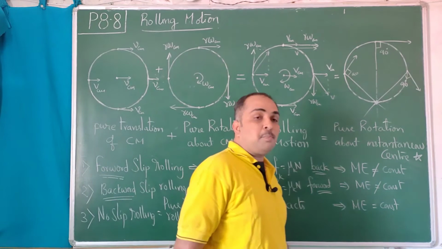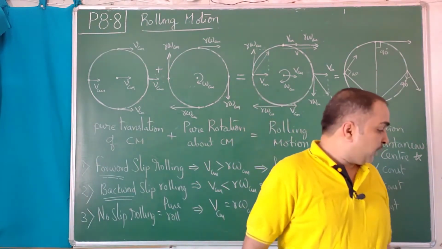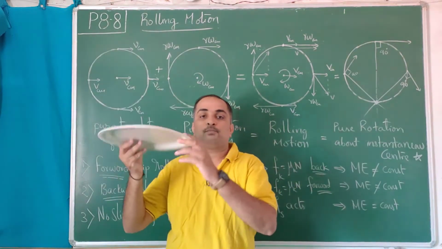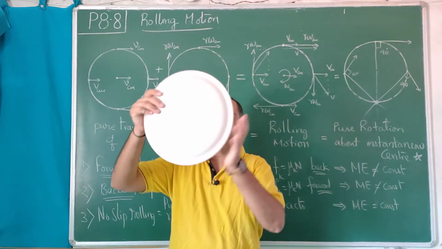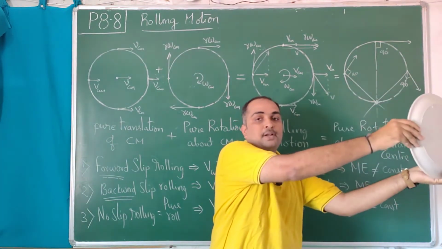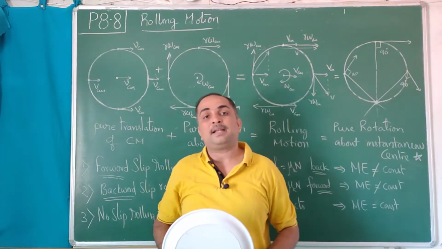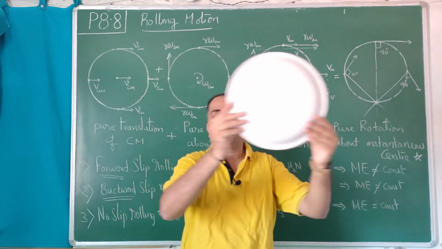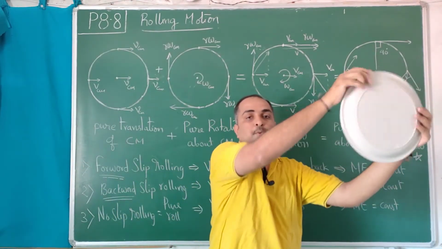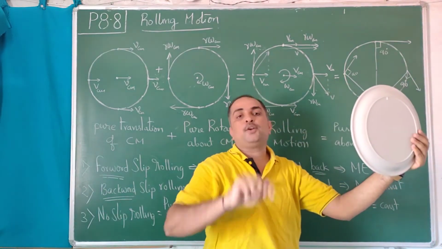This is also an important point you need to understand. In a simple way, once again: rolling motion is translating as well as rotating, which is mathematically taken as pure translation and pure rotation. When I am translating, don't rotate.